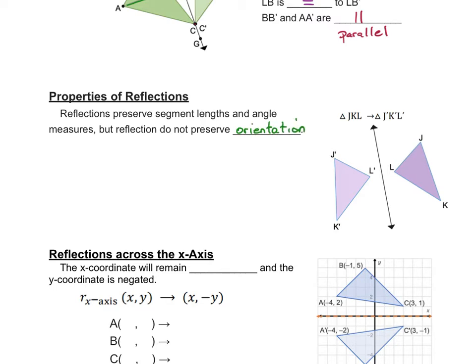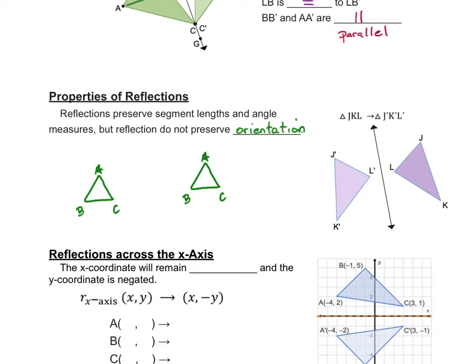Because if you recall, when we had an image and we translated it, say this is A, B, C, orientation means that A would still remain on top. If I move this image around, the orientation remains the same because B is in the bottom left, A is top, C, C.